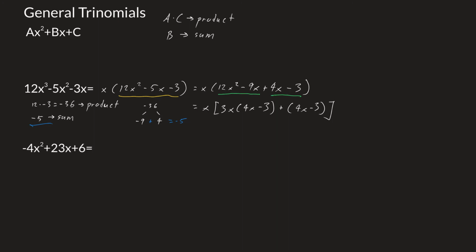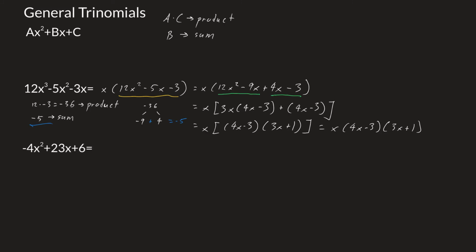So finally, what we're going to do is factor out, group factor, if you will, 4x minus 3, and now we're left with a 3x plus 1. And let me get rid of that bracket. So ultimately, we have x times a quantity of 4x minus 3 times a quantity of 3x plus 1.